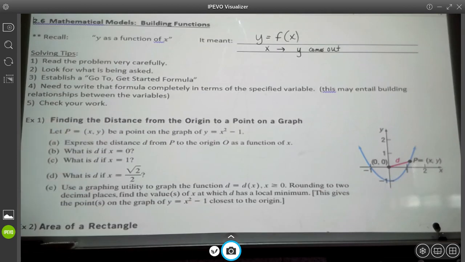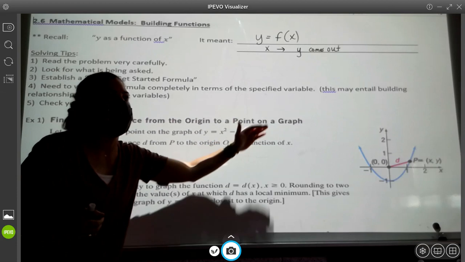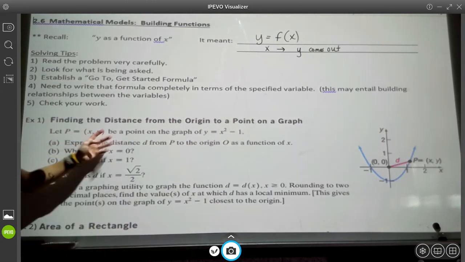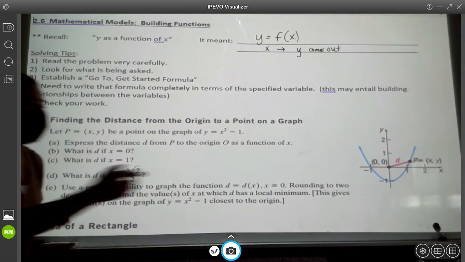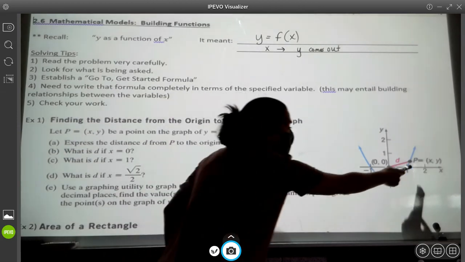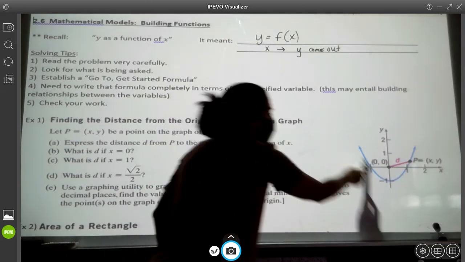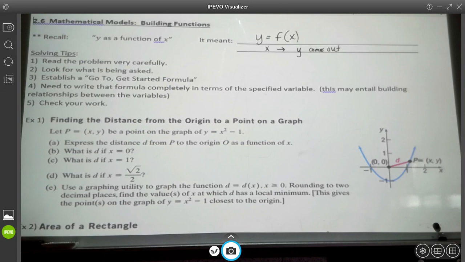So look at problem number 1. I'm going to have to use the board and keep flipping back and forth. Example 1 says, finding the distance from the origin to a point on the graph. Let P be a point (x, y) on the graph of y equals x squared. They gave you a picture right here. Here's point P, a point on the graph of this parabola, y equals x squared minus 1.